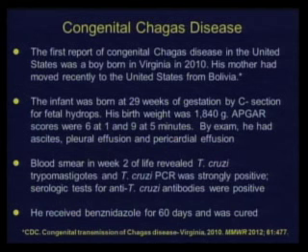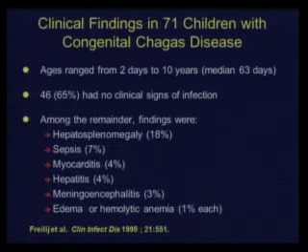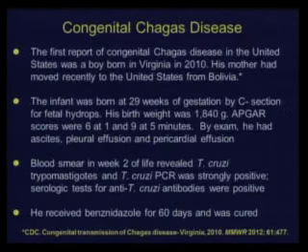And the only case report that is at this time published was a baby that was born in 2010 prematurely, who had lowish APGAR scores, and presented, interestingly, with ascites and pleural and pericardial effusions.